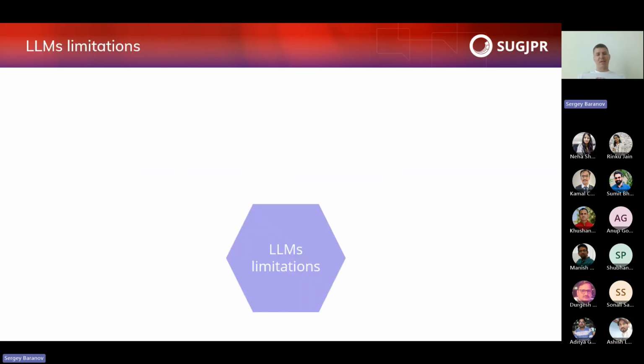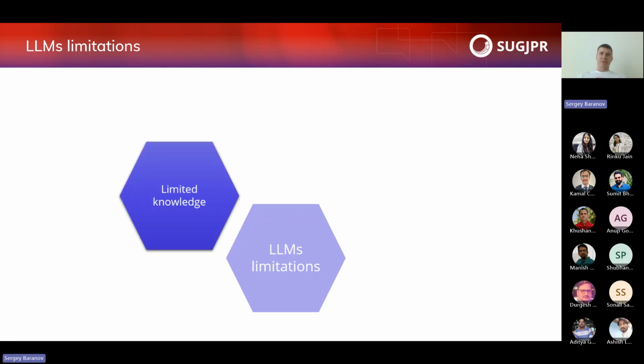Let's have a look at some limitations of LLMs. All LLMs have limitations, even reasoning models like DeepSeek and others. But we will look at just three of them that are most significant for virtual assistants and for retrieval-augmented generation in general.